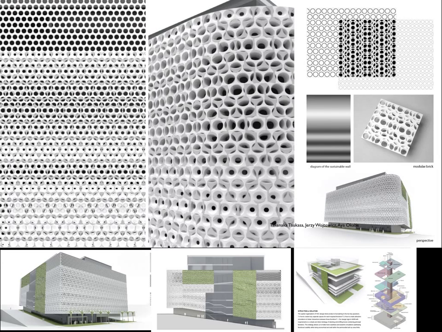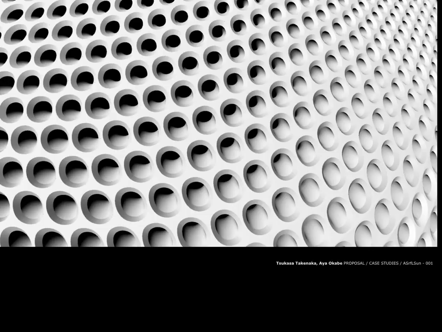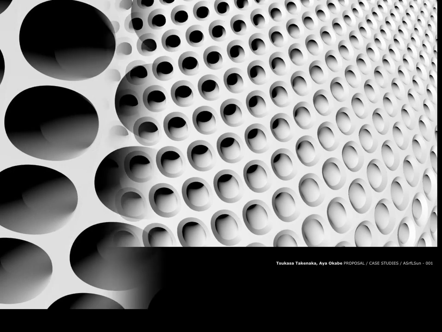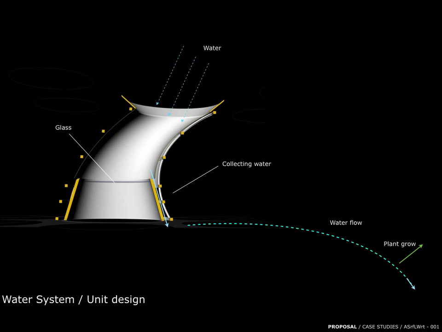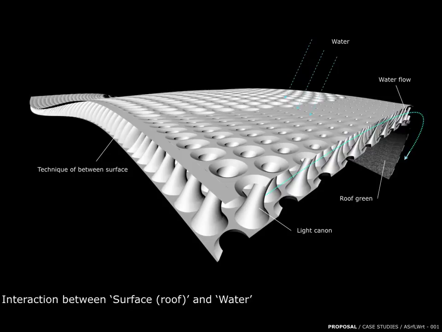We utilized this procedure in a competition for Cultural Center in Beirut, and again it was used in a more complex wall system by Ayao Kabe and Tsukasa Takenaka. You see it from inside as well, the view of it, and this was a wall roof system, which involved collection of water, penetration of light, and even a way of planting and vegetation.